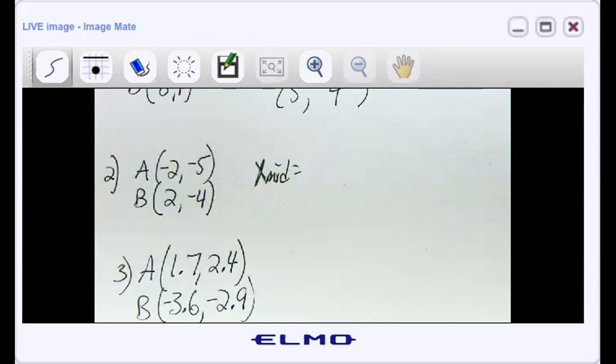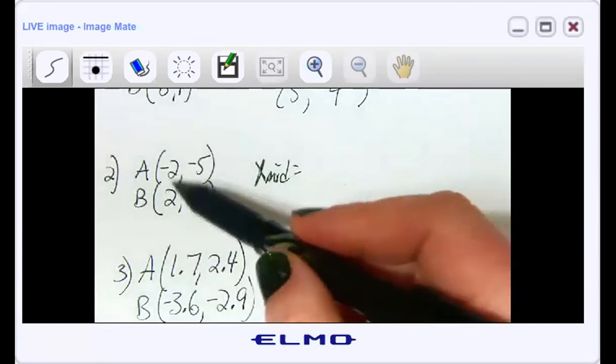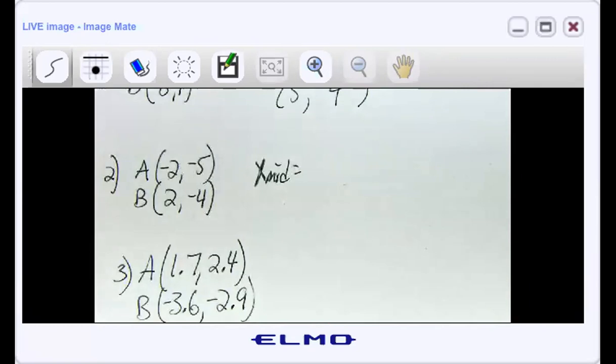Oh my gosh. You guys. Jeremy, what is the x coordinate? X coordinate. The one up top. I want to know what the x coordinate of the answer is. So what's the x coordinate of your midpoint?